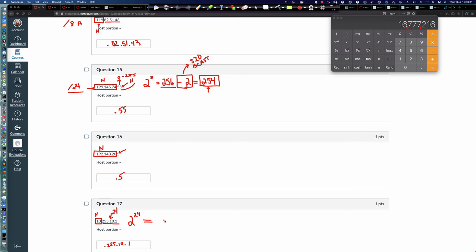And I'm not going to write the number down here, but whatever, that 16 million number minus 2, that would give me the total usable. So it would be 16,777,214 usable IP addresses.